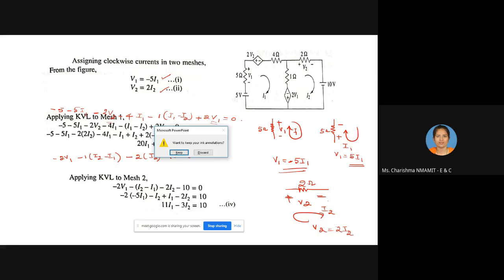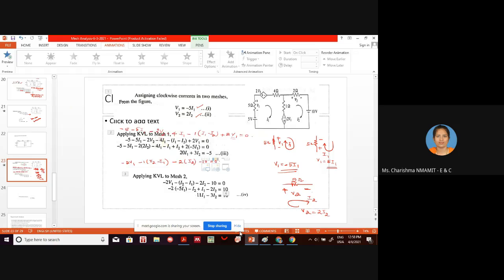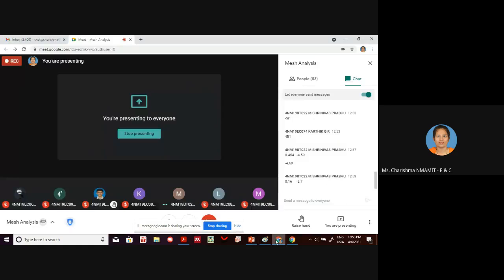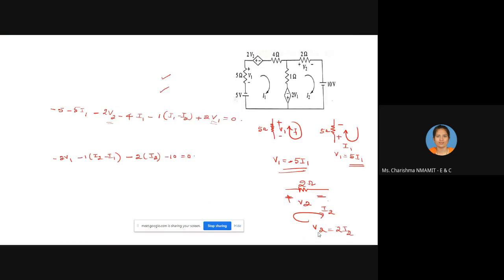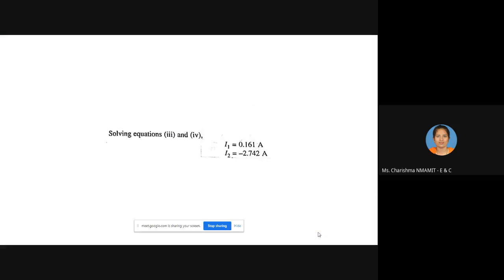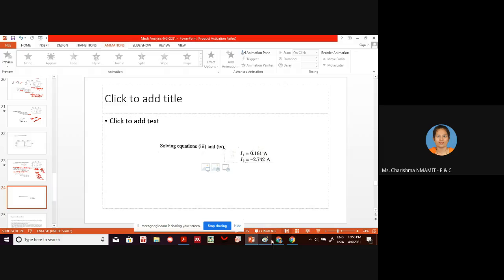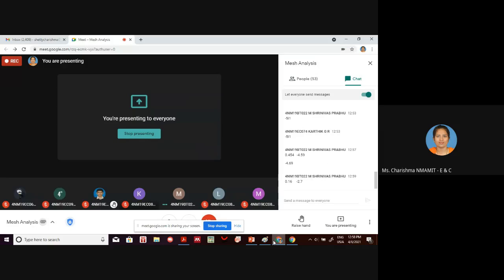Solve for I1 and I2. For the I1 value, you will get 0.161 amps and I2 equal to minus 2742 amps.